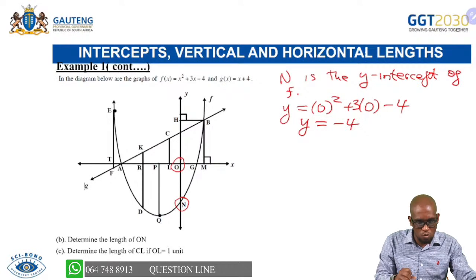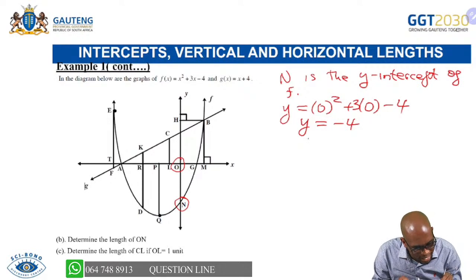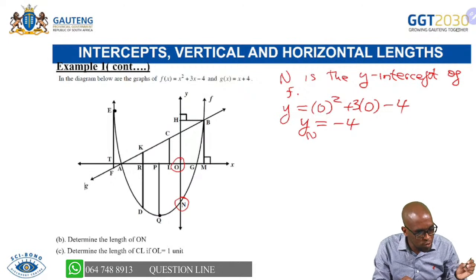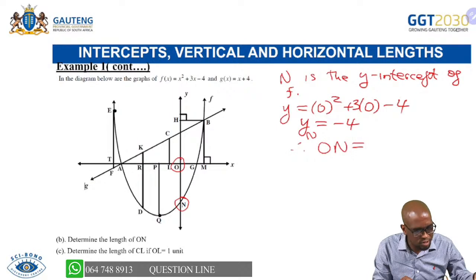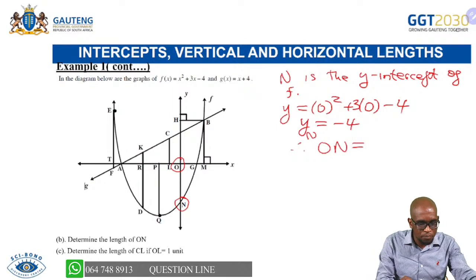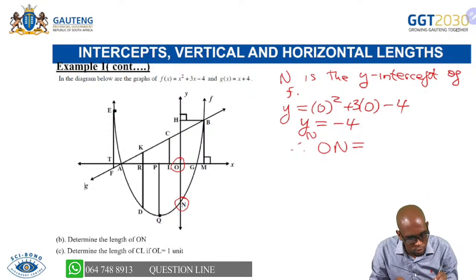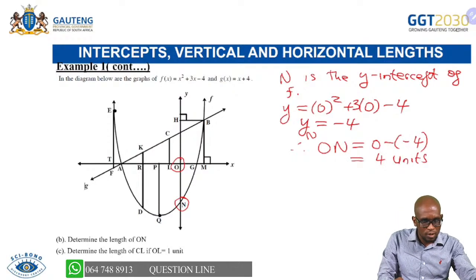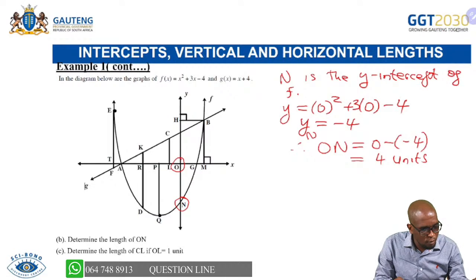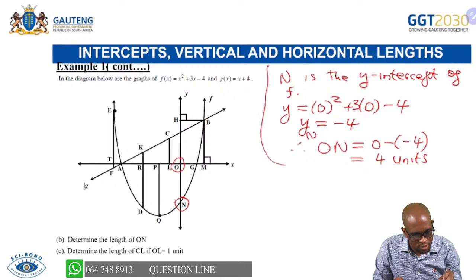Now that we know the value of y at N is -4, we can work out the distance. Therefore, the distance ON would be y top minus y bottom. Y top is at O, which is 0, minus y bottom, which is -4. So this would be 4 units. The length of ON is 4 units.